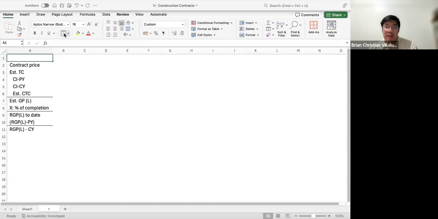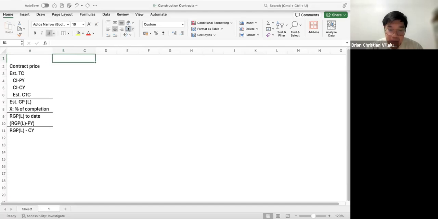Ready? So gagawin natin ito year to year, no? So let's start with 2024. Already? Yan. So 2 columns ang sasakupin kada taon, no? Okay. So magkano nga ulit ang contract price? That is 2 million.